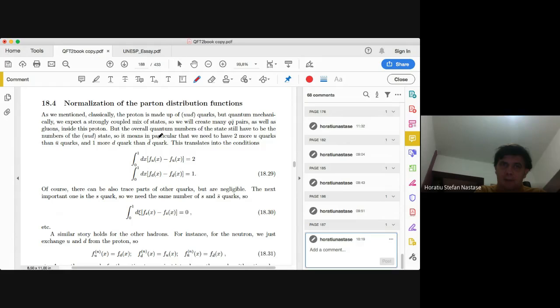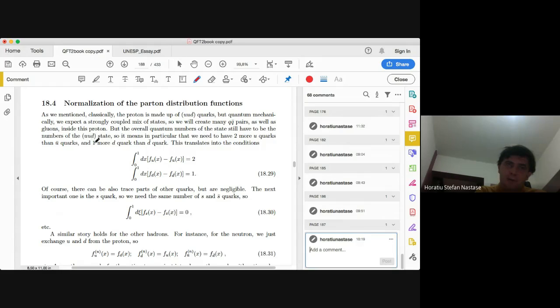So that means that the way we can state this is that we have two more u quarks than u bar quarks, right? Because if you think about electric charge and isospin, you see that you should have uu plus u u bar pairs, and then one more d than d bar quark.